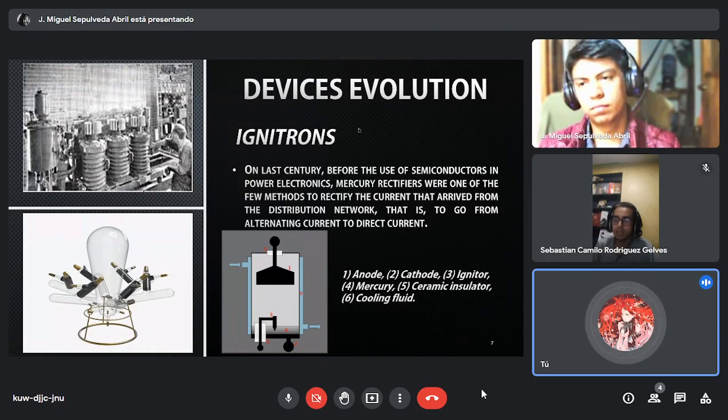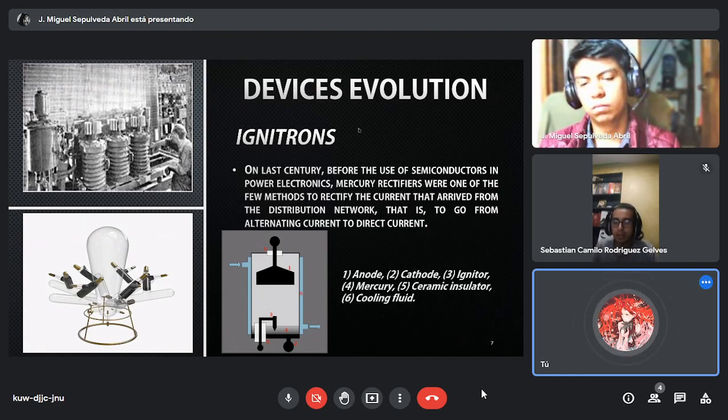Ignitrons, an image of ignitrons. In the last century, before the use of semiconductors in power electronics, mercury rectifiers were one of the few methods to rectify the current that arrived from the distribution network. That is, to go from alternating current to direct current.